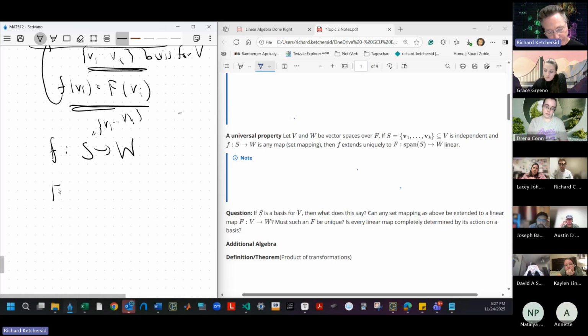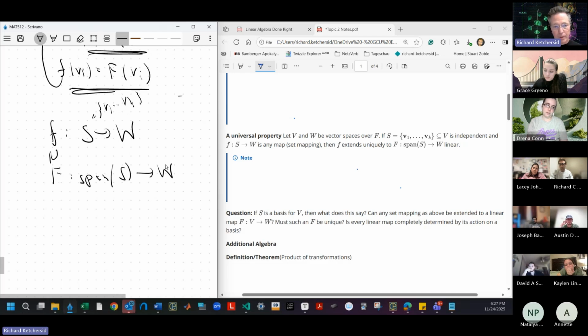We've extended this uniquely to F, going from the span of S to W. Can I extend further to some G going all the way from V to W? And how would I do that?